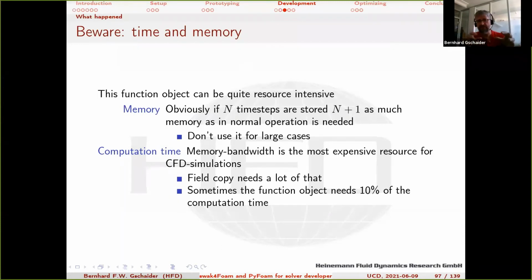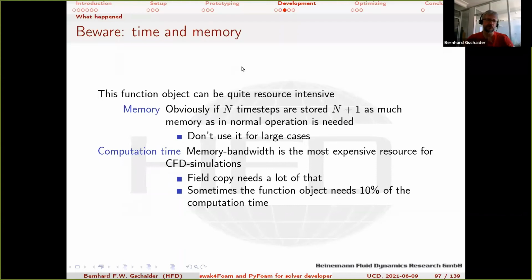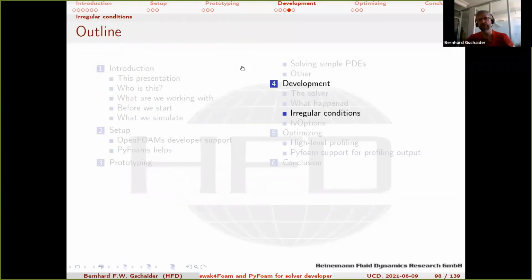And so sometimes this function object is known to need as much as 10% of the computation time. So only use it if you think your case will crash. Or use it without recording the old time steps. That's of course an option too. Then you can use it for production cases without problems.